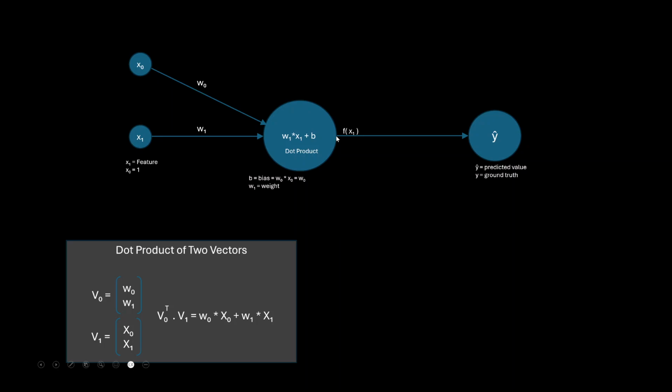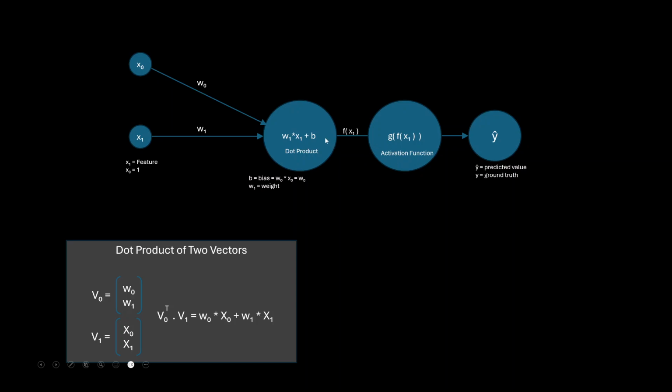But this gave us the linear fit as I presented on the previous slide. But how can we get the nonlinear fit? If the data has a nonlinear fit, how can we do this here? We apply an activation function.